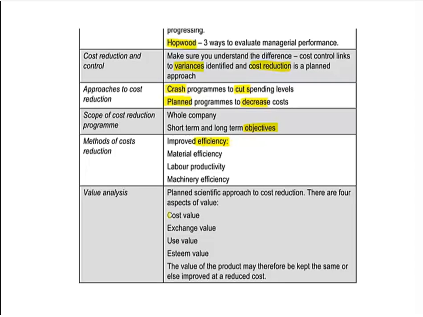So that could be the cost value, the cost of producing the item, the exchange value, so what you'd pay for it, the use value, what you do with it, and the esteem value, the prestige. But overall, what we're trying to do is to keep the value the same or improve it, whilst at the same time reducing the costs of delivering it to the customer.